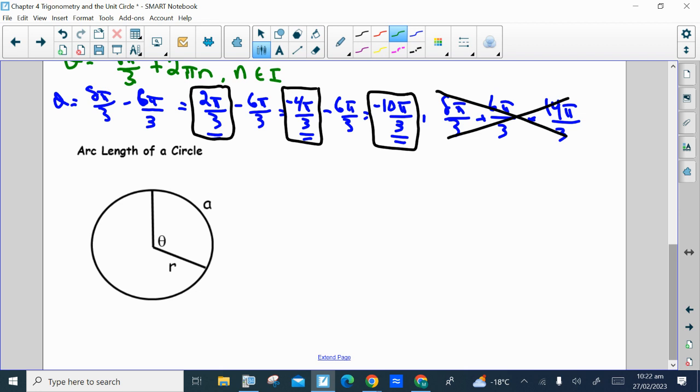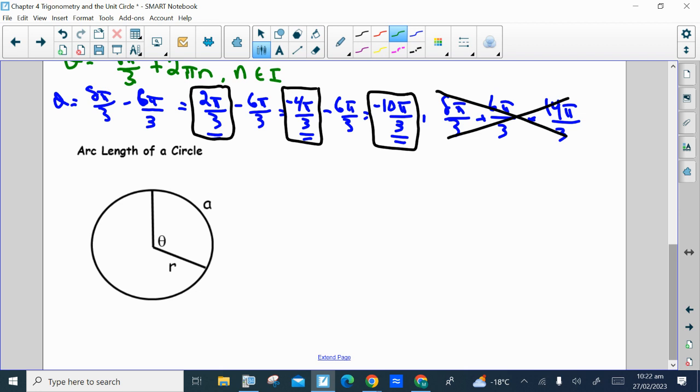So now let's switch gears a little bit and talk about the arc length of a circle. We talked about the fact that the arc is a portion of the circumference, and that there's a relationship between theta, the central angle, which must be expressed in radians, the radius of the circle, and the arc length.